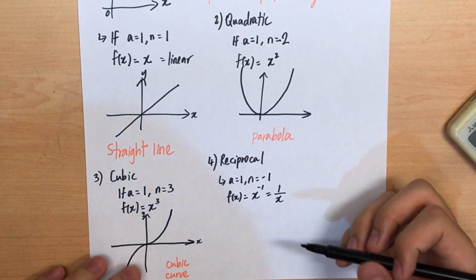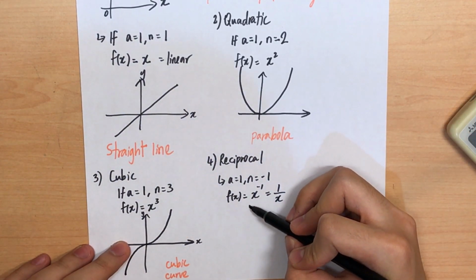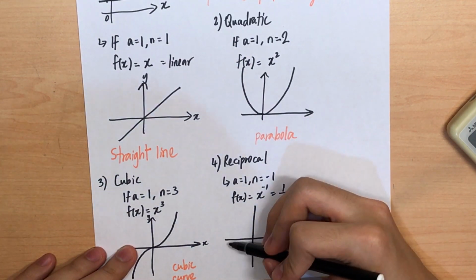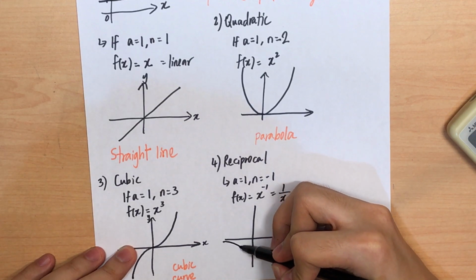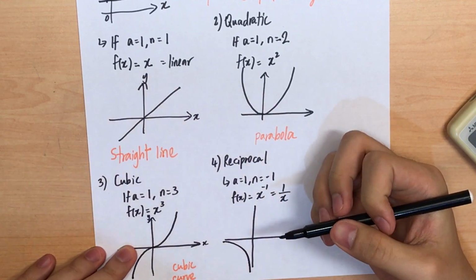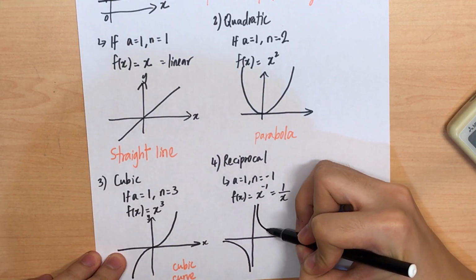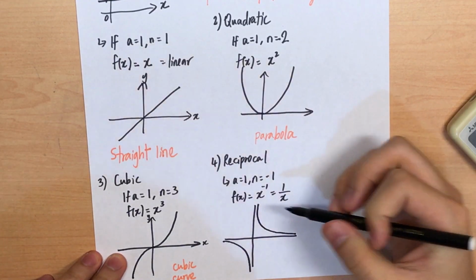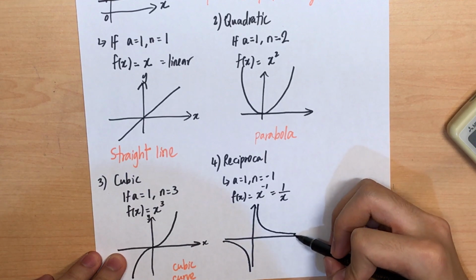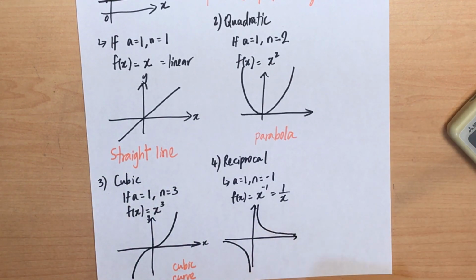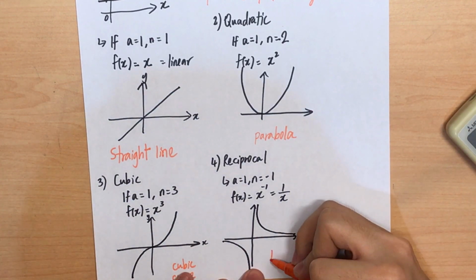This type of graph looks like this, going to infinity here and also here. This is your y-axis, this is the x-axis. We call this graph a hyperbola.